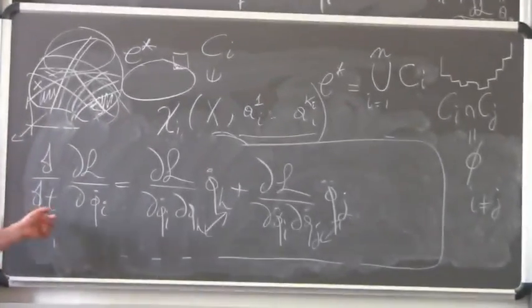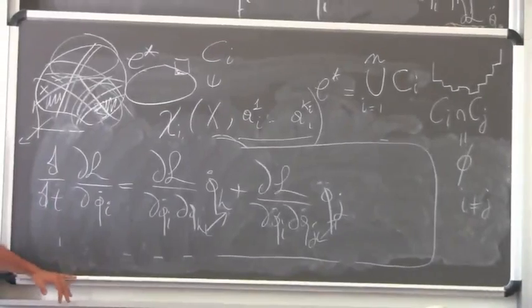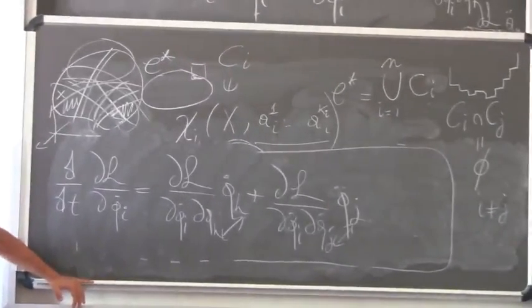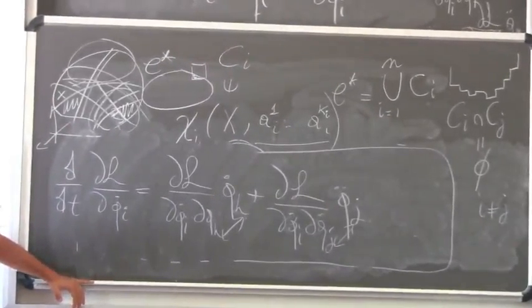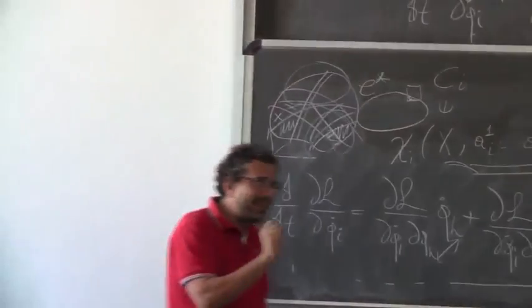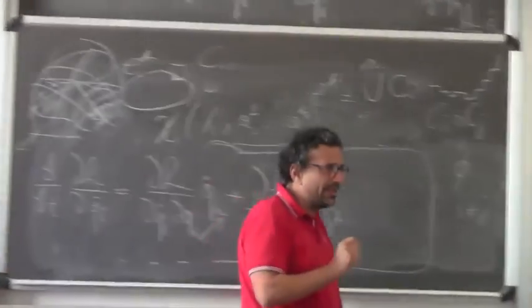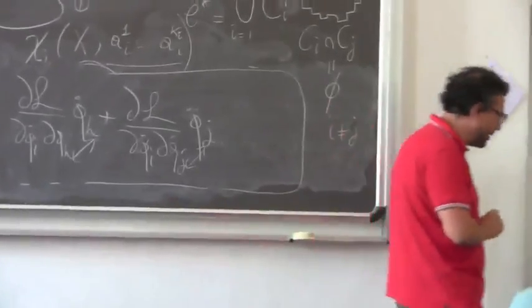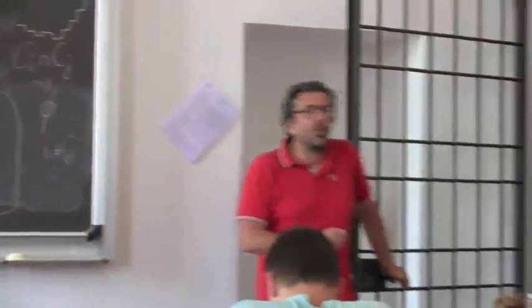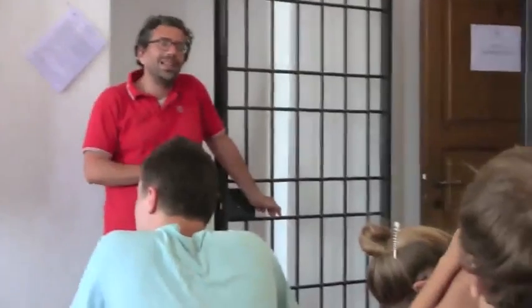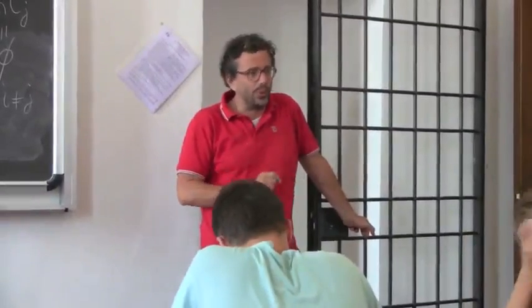Okay, why is this very important in our context? D'Alembert understood many things. One of the most important things he understood is that motion remaining at rest is a particular motion.